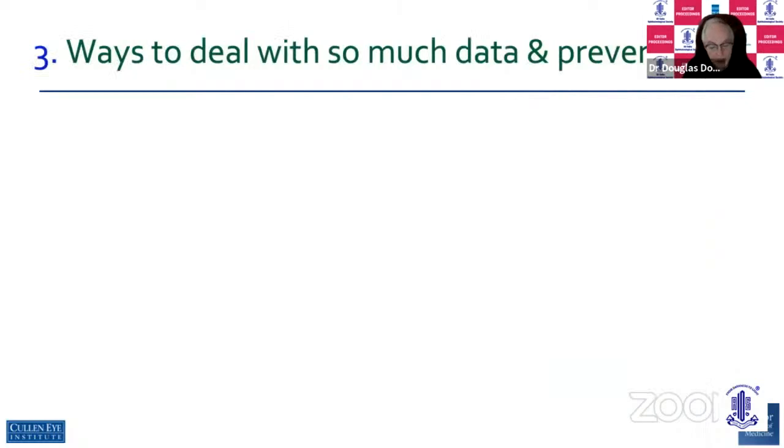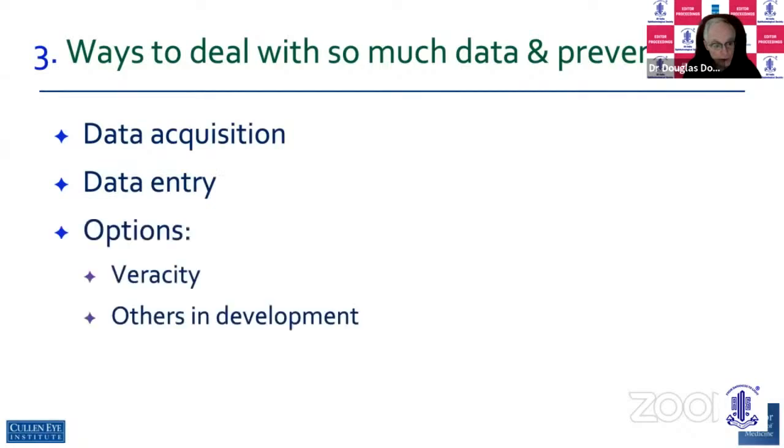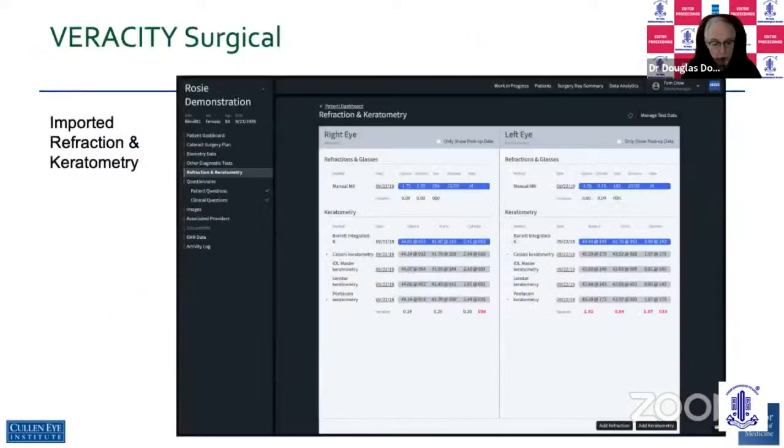I think we're really going to need a way to deal with so much data and prevent errors. We're overwhelmed with data. The point was made, there's a sort of diminishing returns about one measurement after another after another. And I think with so much data that we're acquiring, all the data entry, we need things to automate it. And I think programs like VERACITY and others that are in development are going to really be important for us going forward.